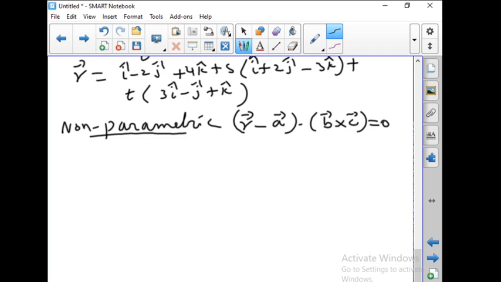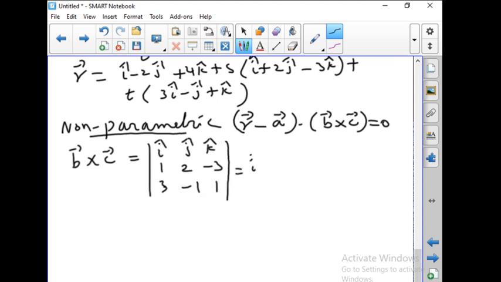B cross C is the determinant of i cap, j cap, k cap; B is 1, 2, minus 3 and C is 3, minus 1, 1.